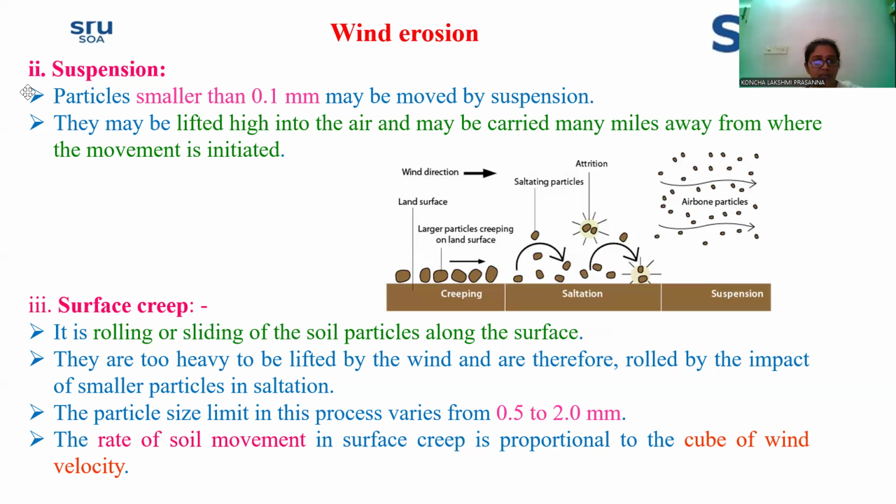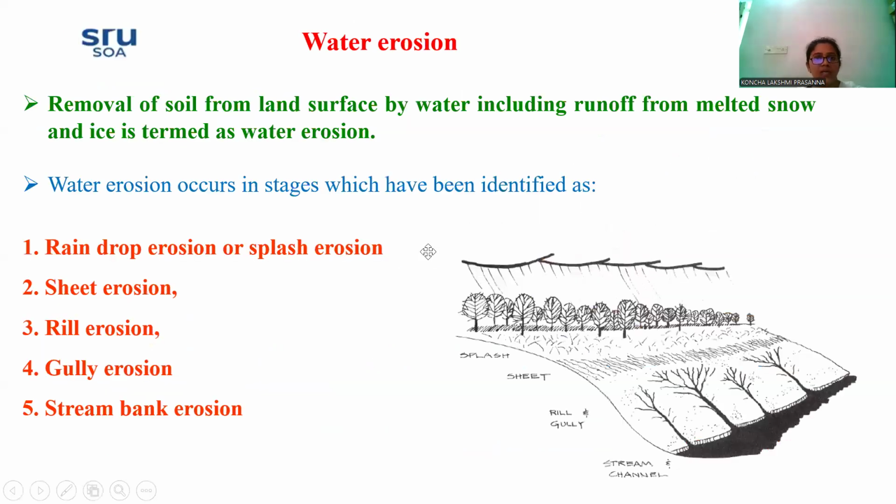As the particle size is too high, the particles are not lifted by the wind, and therefore they are rolled by the impact of the smaller particles in saltation. Here you can see the size of the particles in surface creep. The particle size is very big when compared to saltation or suspension.